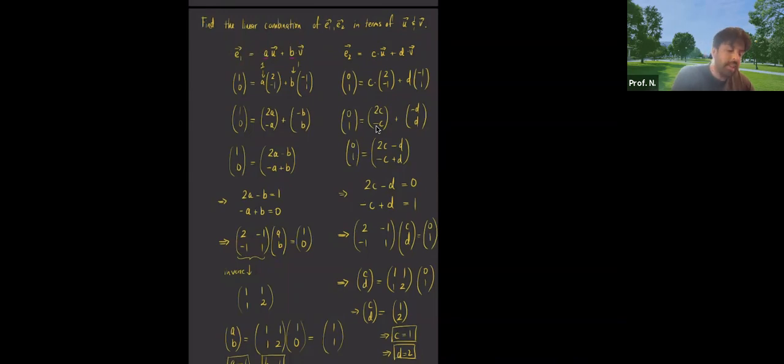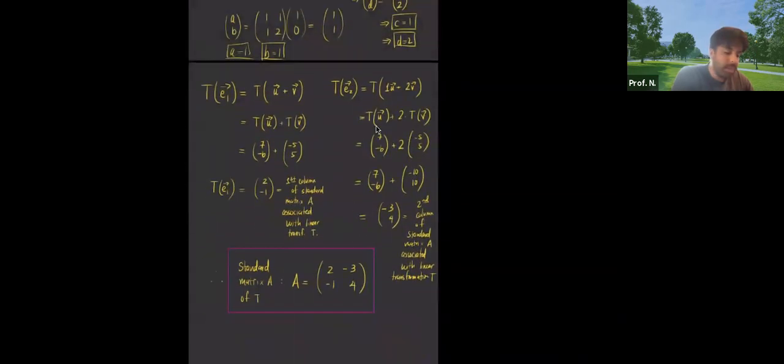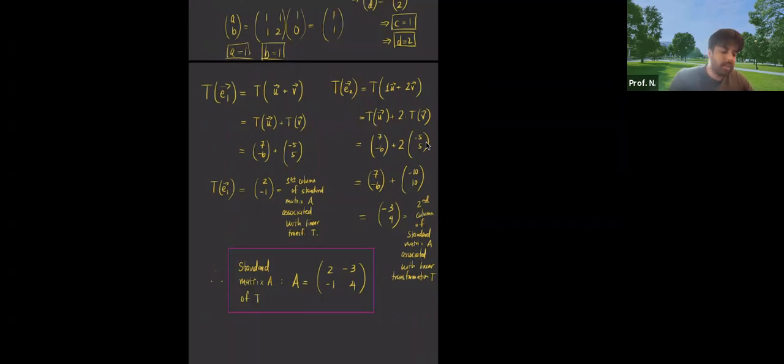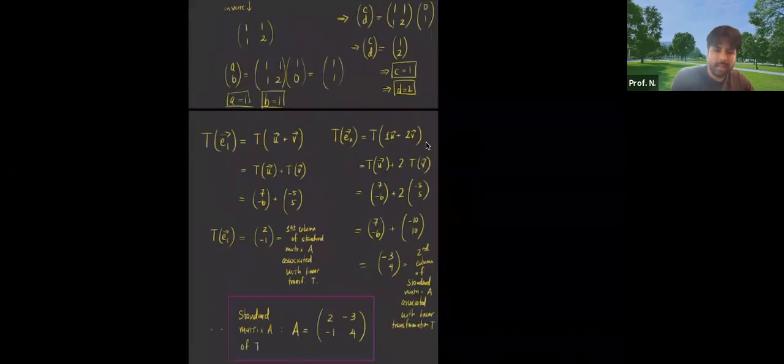And once I'm able to find a linear combination of E1 and E2 in terms of u and v, then finding what the image of E1 is straightforward because I know the image of u and v. And what the image of E2 is, I can find it as well because I know the image vectors of u and v as well. Does that make sense? Any questions about this whole procedure, this whole task?